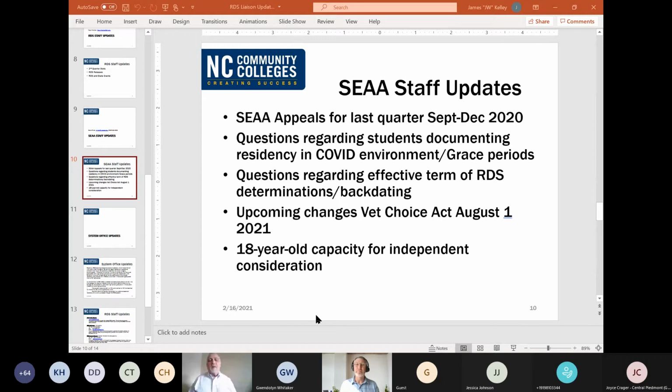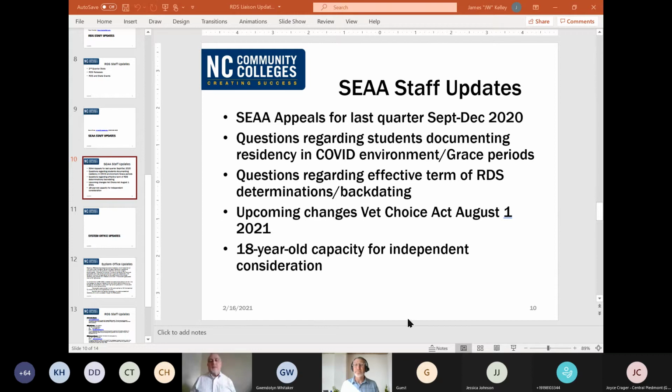This came up about effective dates, and sometimes we're asked, is there a way we can backdate? No, RDS makes the determination based on the submit date. At that point the institutional policy takes over about what's the effective term. We leave it that way because, for example, UNC 2 years ago went to a unified policy for the whole system, with so many days from the beginning of the term.